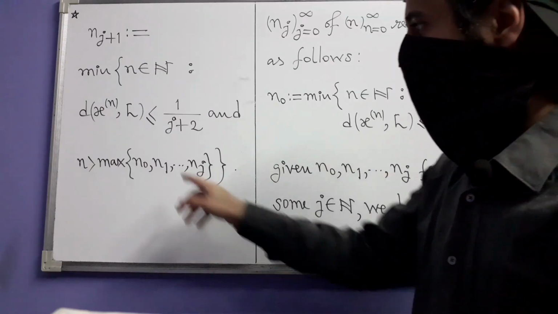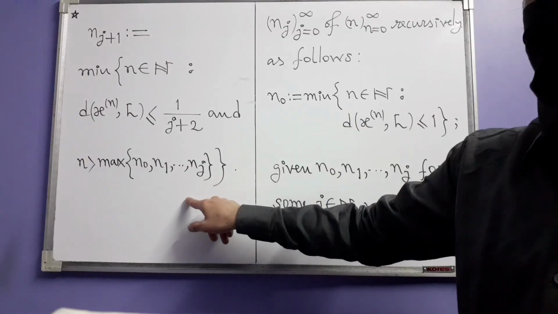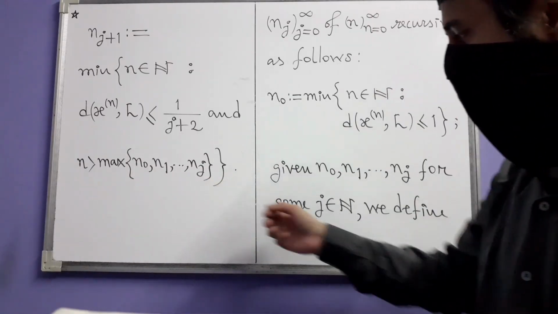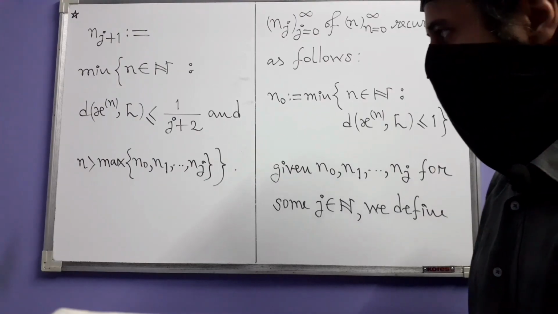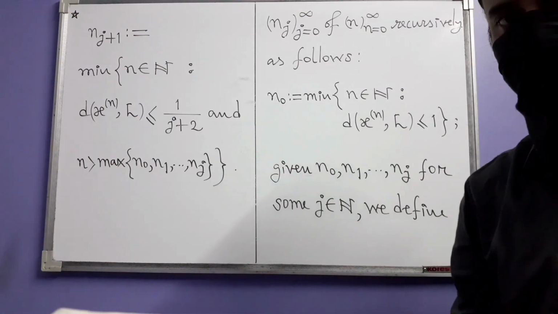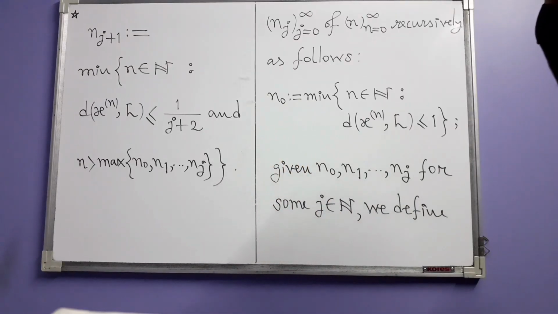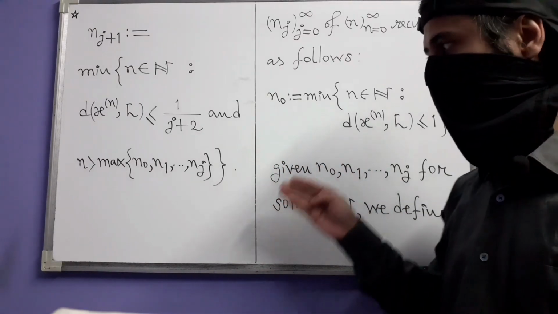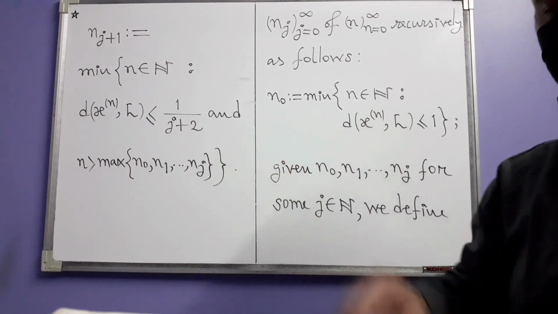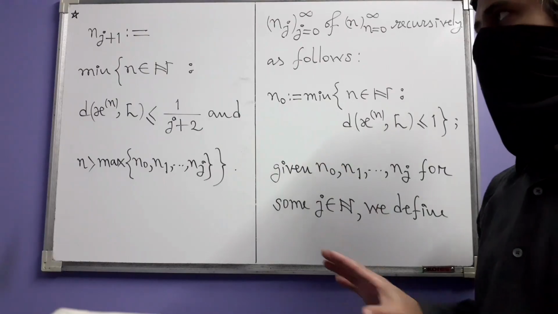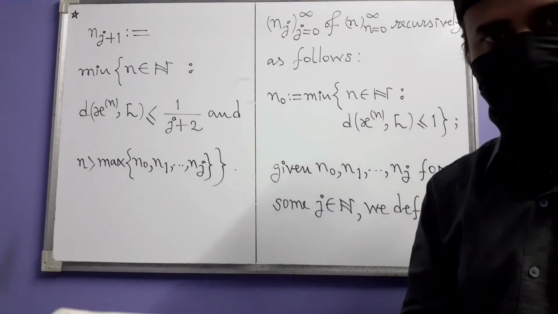And also additionally, this n needs to satisfy this inequality, that it is greater than the maximum of those previously defined ni's, or equivalently that it's greater than all of them. It might look quite complicated at first, but you will realize why this is the most natural way to define it. Let us first of all see if this definition is a legitimate recursive definition.